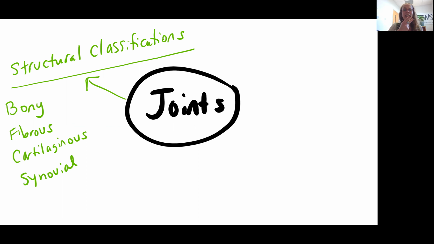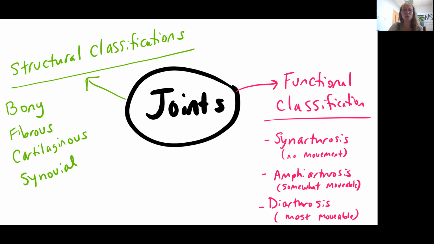Our second category is the functional or physiological classification. So here we're looking at how much movement we see at each one of our joints. A synarthrosis joint is one without any movement. Amphiarthrosis is somewhat movable, and diarthrosis can be described as freely movable or allowing for the most movement.